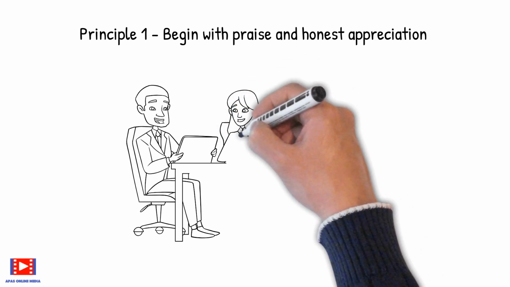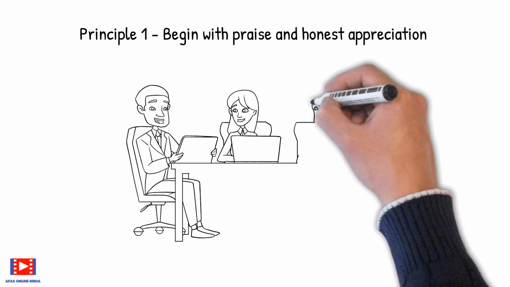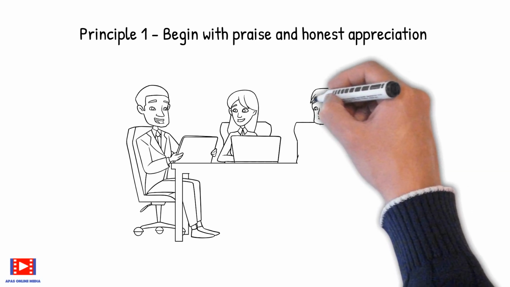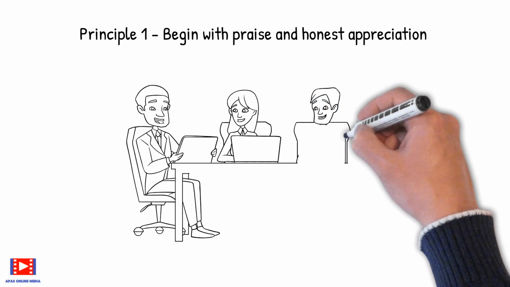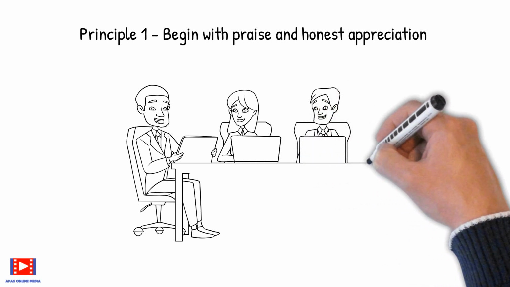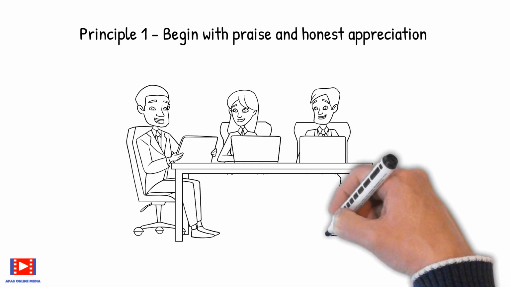The best way to do that is to begin with praise or an honest appreciation. This could be anything. Somebody coming to office on time, somebody getting to a meeting early, somebody making notes. When you notice and observe these traits in a person, you can use them as honest appreciation.